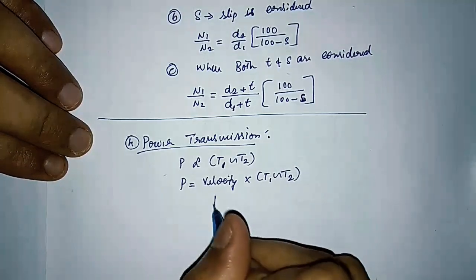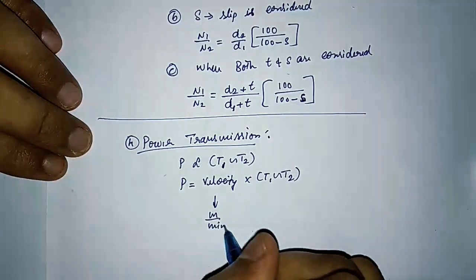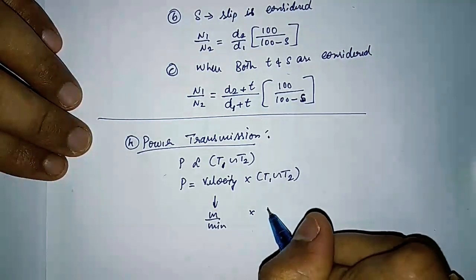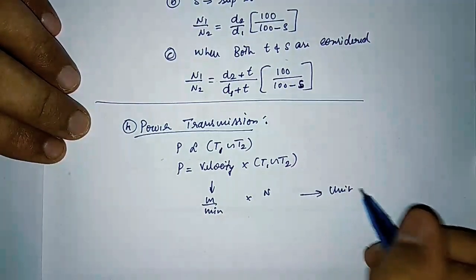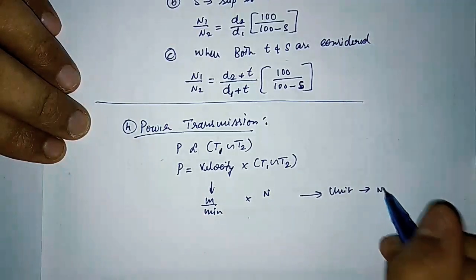Velocity is measured in meter per minute and T1 minus T2 is in Newton. So the final unit is Newton meter per minute. But power transmission must be in kilowatt.